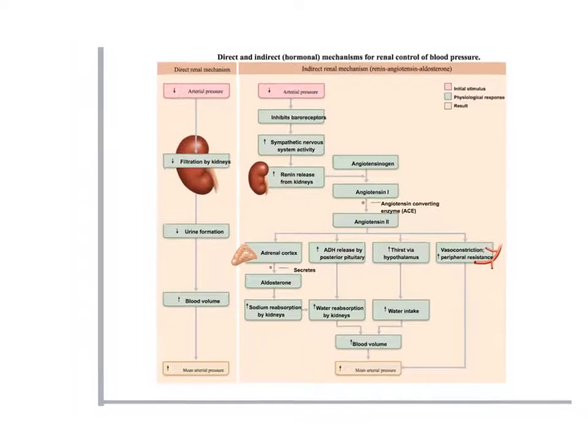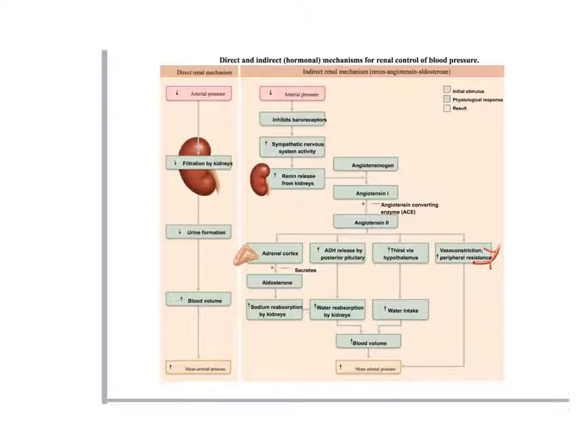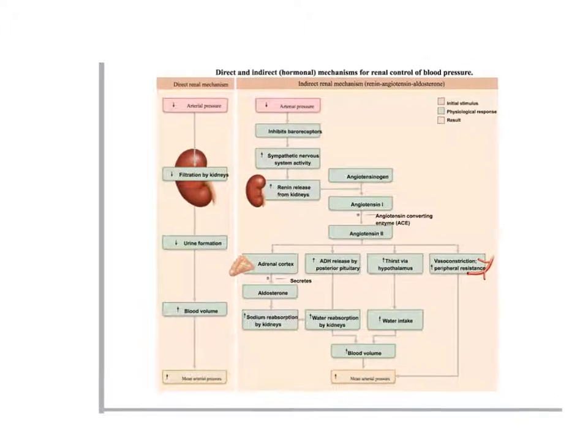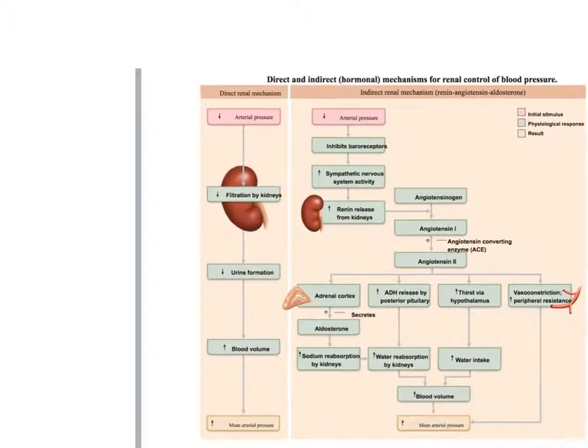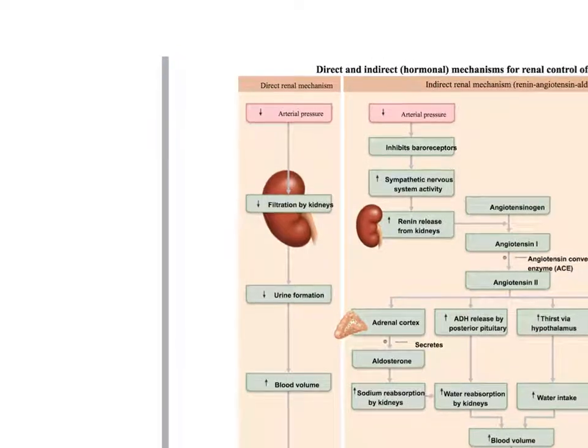I included a couple different figures in here. There's a couple different renal mechanisms that help regulate blood pressure. So on the right over here, I'll make it bigger so you can see it. If there's a decrease, a lowered amount of arterial pressure, filtration in the kidneys is going to go down.